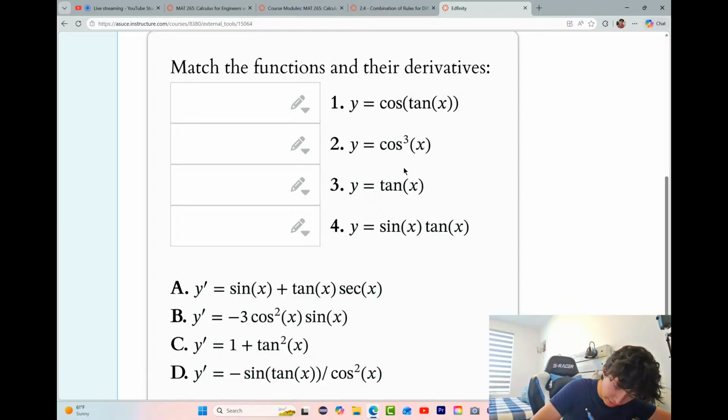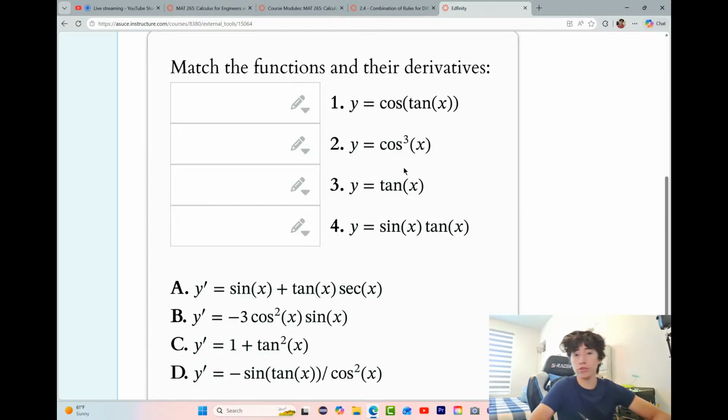We got a product. Oh no, sorry, this is not a multiplication. I'm not using product. It's a combination of functions, so we're using the chain rule.